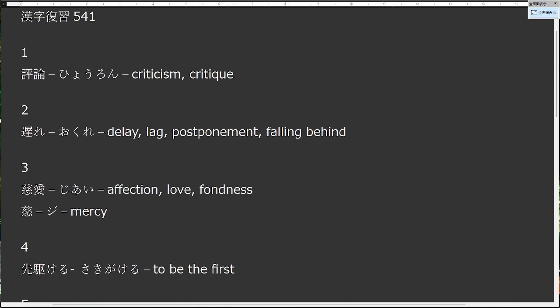Ji is mercy. Ji no ji, mercy and affection, aka mercy and love, is affection or fondness. Ji is affection, love, or fondness for something.